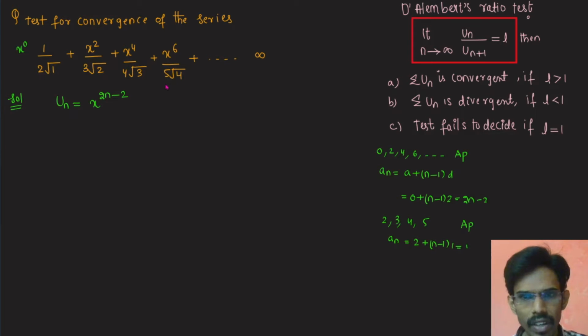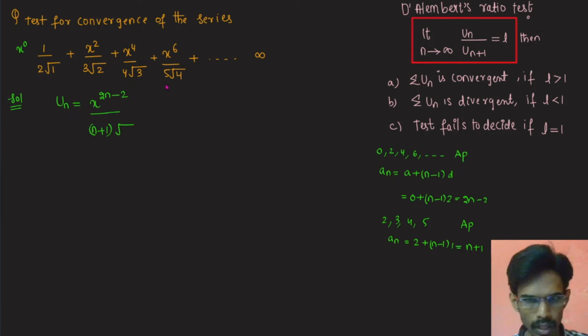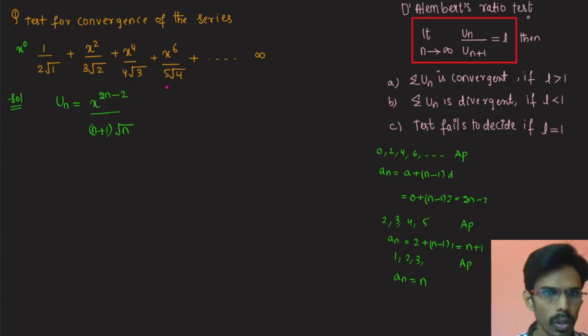So here we have n plus 1 in the denominator, and then we have the root term. Inside the root we have 1, 2, 3, 4. All these numbers are also in AP, and its general term will be n only. So we have root n.